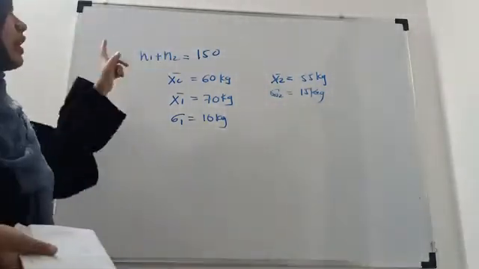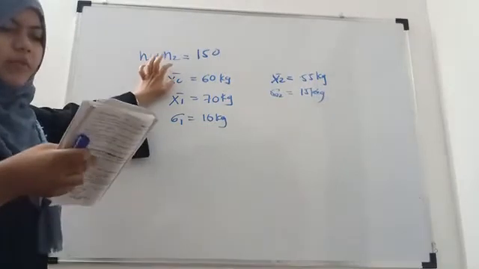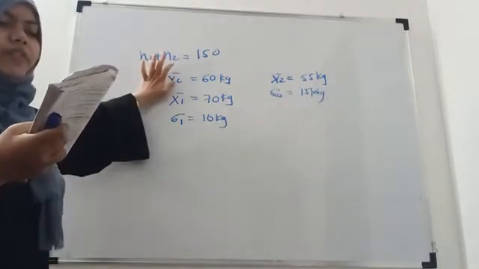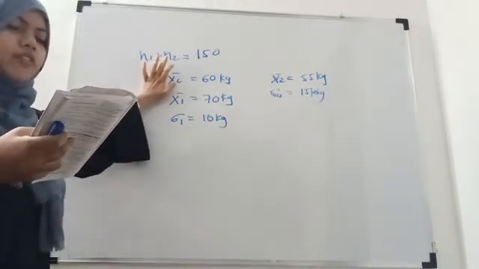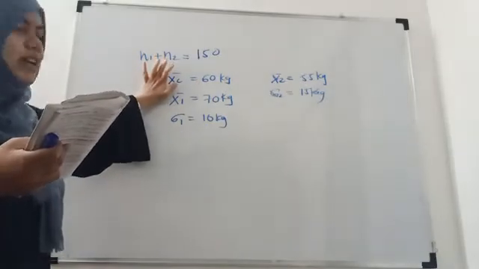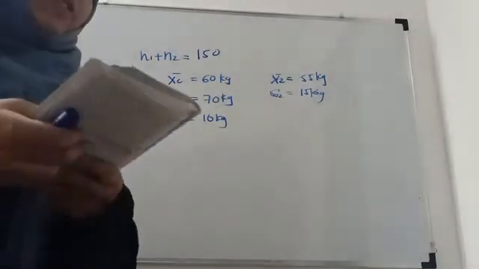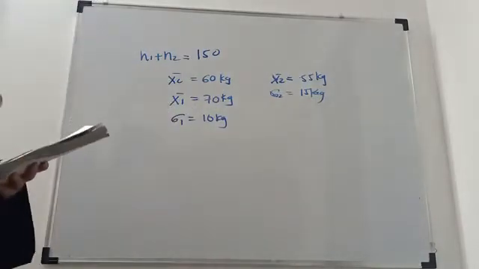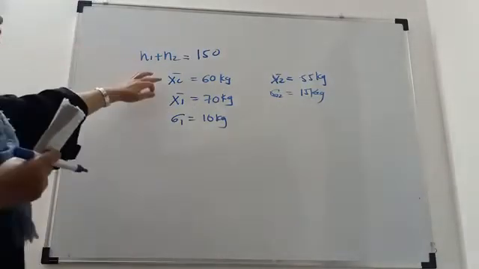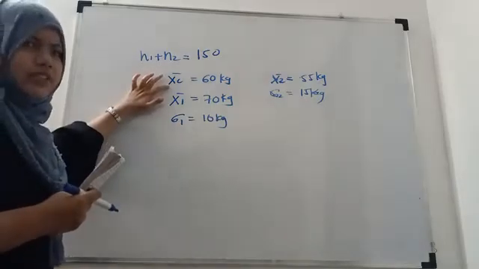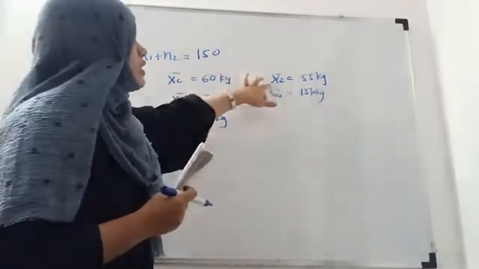Now we have to find n1 and n2, first the number of boys, so that we get the number of girls automatically, and then the combined standard deviation. Here xc is given to us, x1 is given and x2 is given.